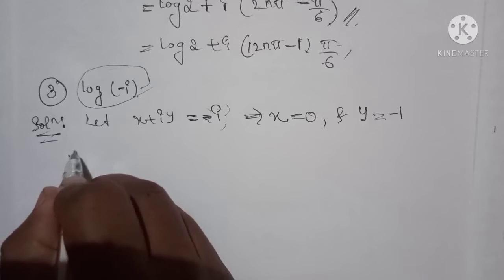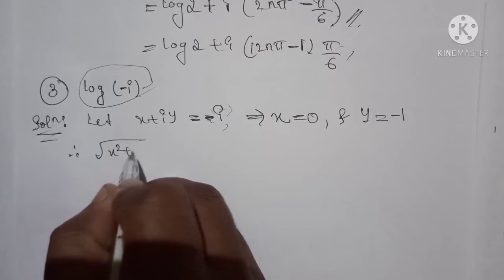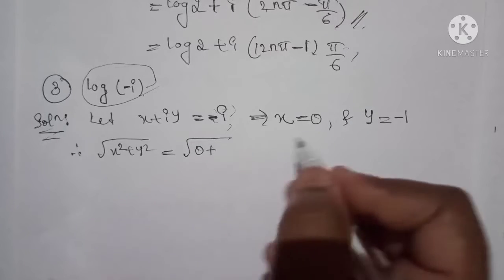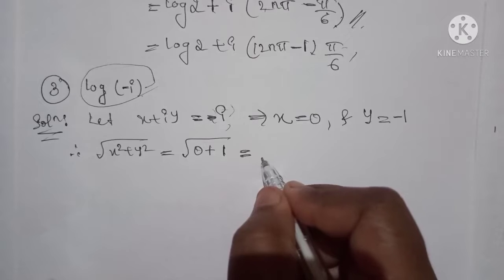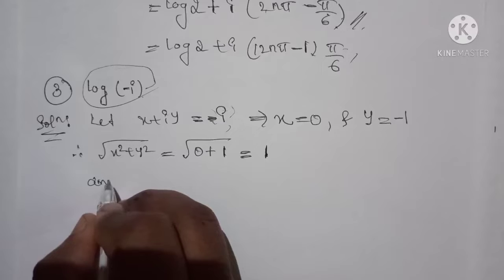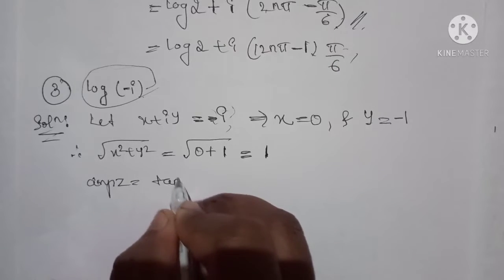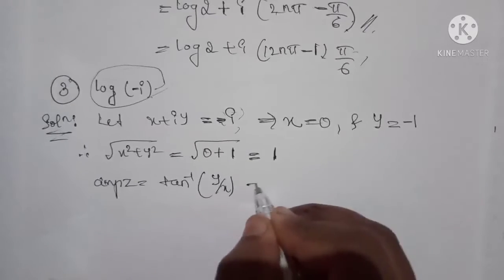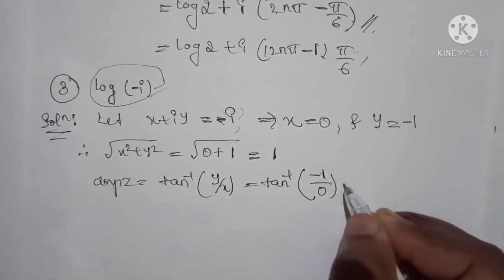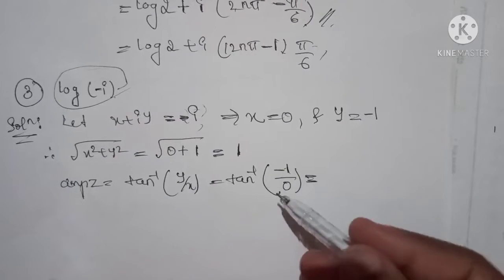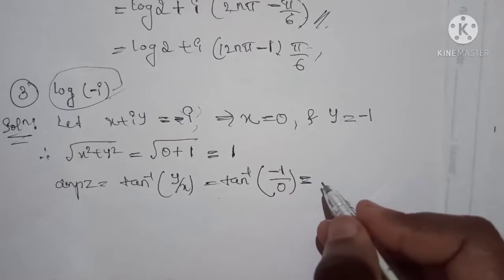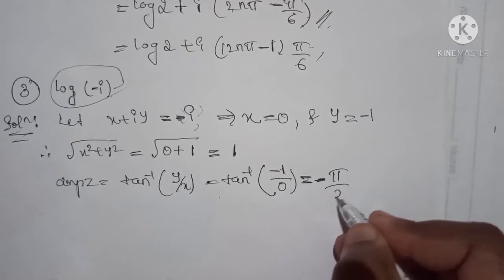Therefore the square root of x square plus y square is 0 plus minus 1 square, which is plus 1 only, so it equals 1. And the amplitude is tan inverse of y by x, which is tan inverse of minus 1 by 0, which is minus infinity. Taking the minus outside, tan inverse of minus theta is minus tan theta, therefore it is minus pi by 2.